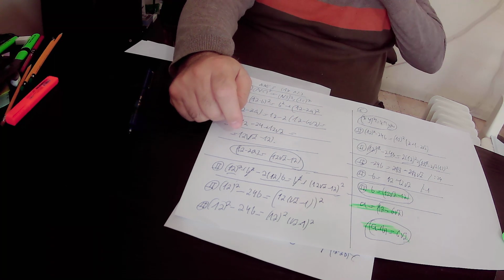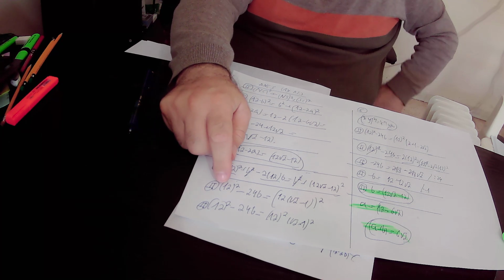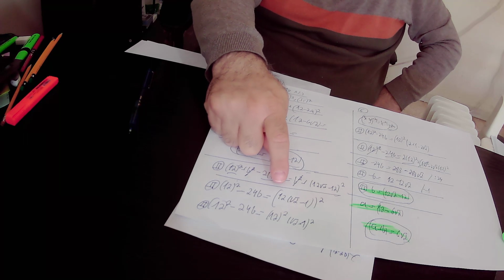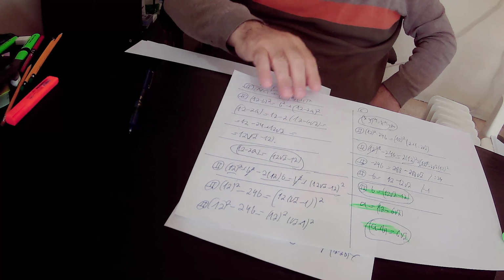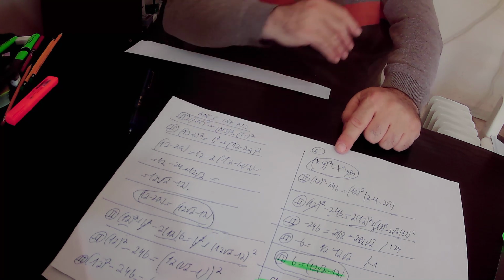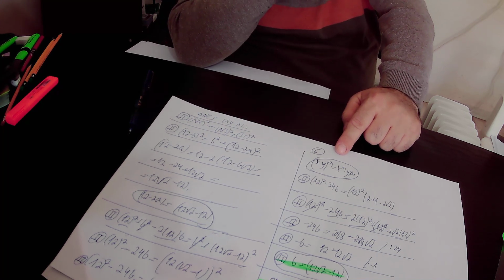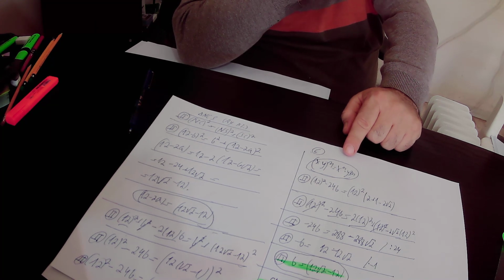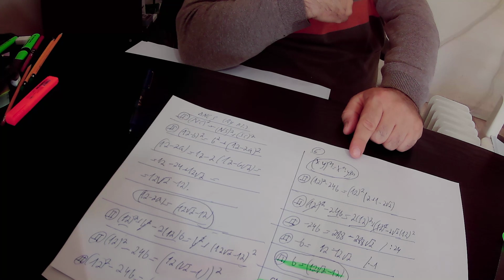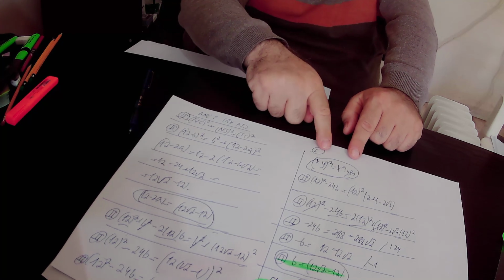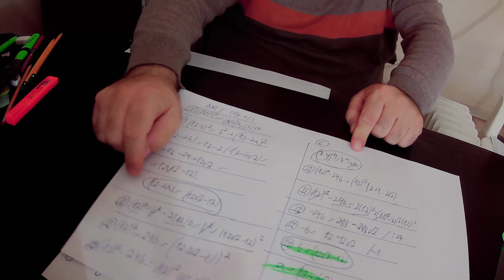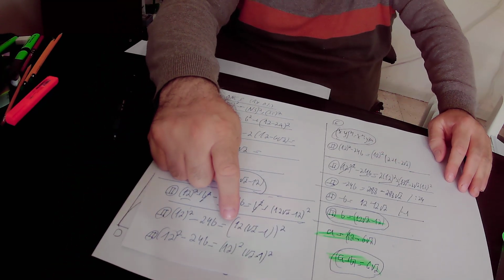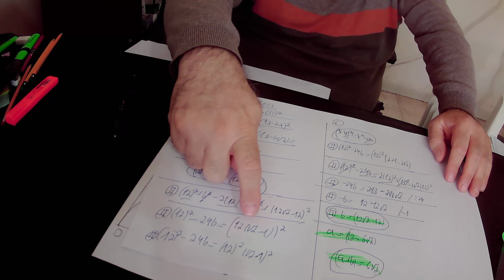So 12 square minus 24B equals 12 square times square root of 2 minus 1 squared, according to the algebraic identity that x times y to the power of m equals x to the power of m times y to the power of m.